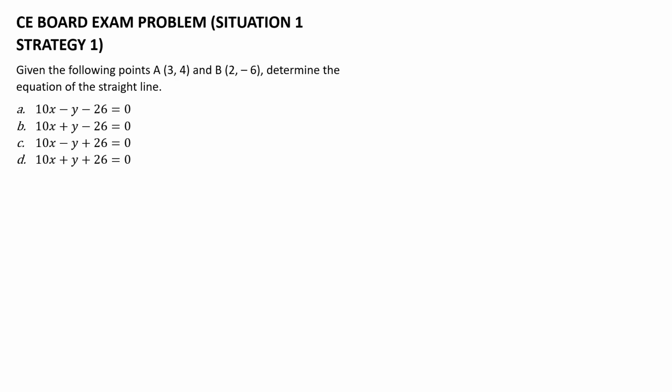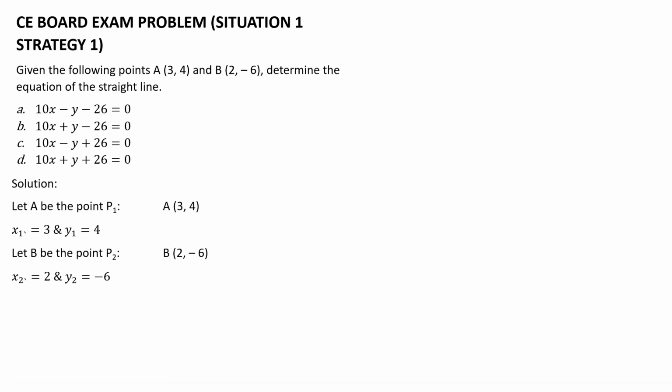And here are the choices as shown below. Choice A, 10x minus y minus 26 is equal to 0. B, 10x plus y minus 26 is equal to 0. Letter C, 10x minus y plus 26 is equal to 0. And the last choice, 10x plus y plus 26 is equal to 0.